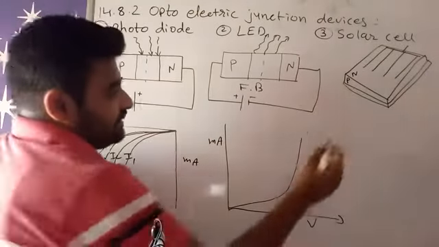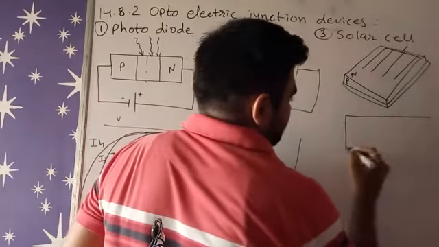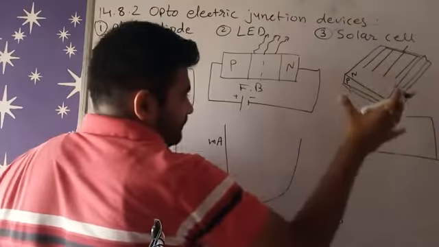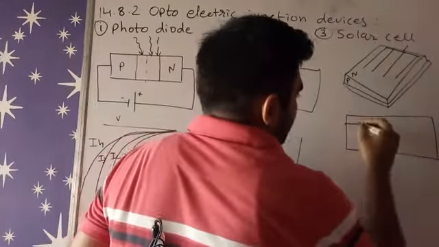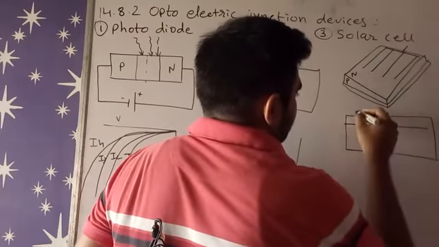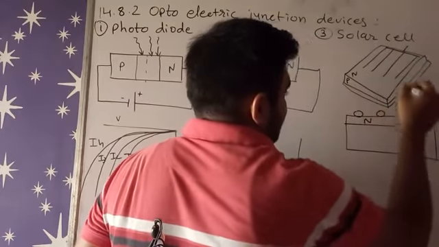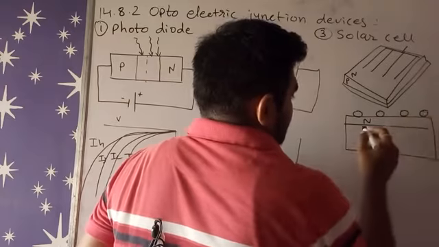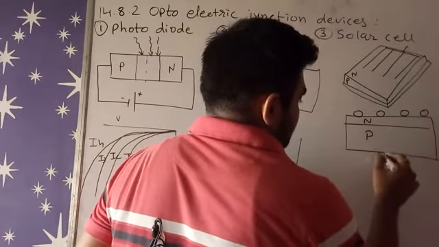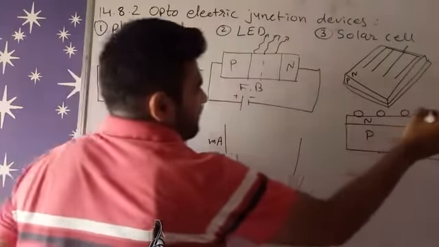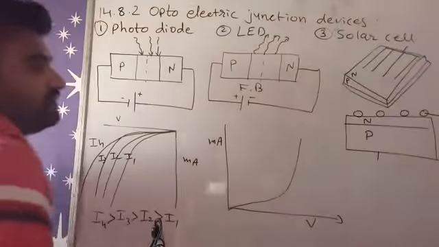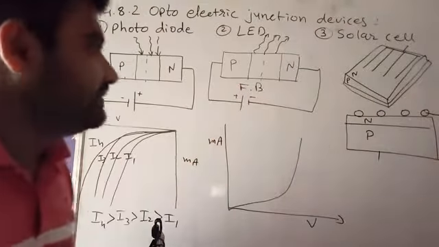If we see the side view of this cell, we have this N, and then further we have these metal strips, N and P. This is the back end, and these are all the front end. So we have to connect and form this circuit.